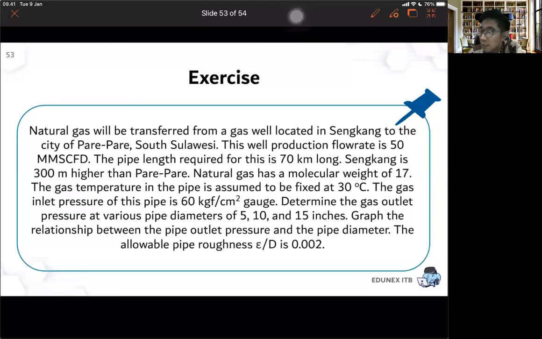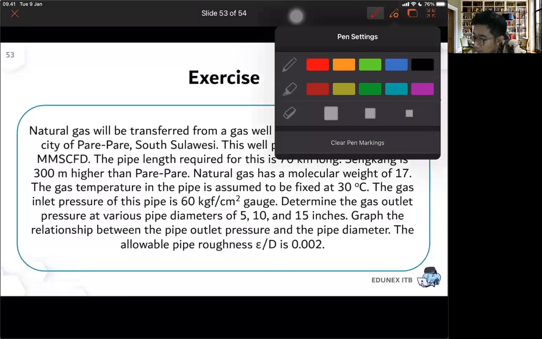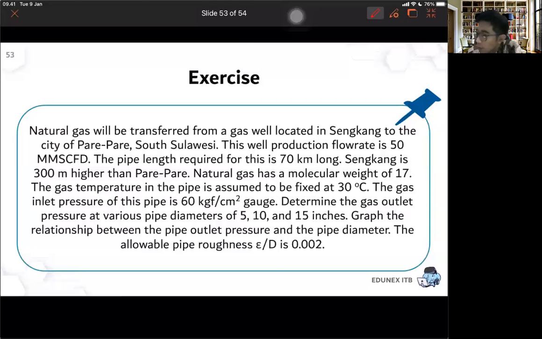The natural gas in this case is considered to have a molecular weight of 17. Usually, natural gas is a mix between light hydrocarbon and medium hydrocarbon.